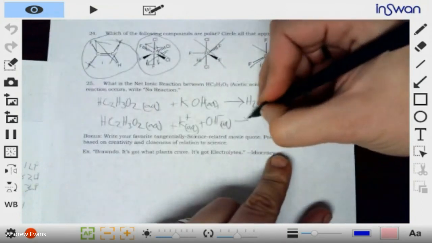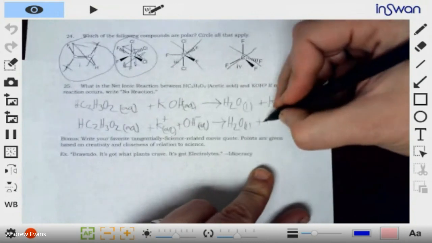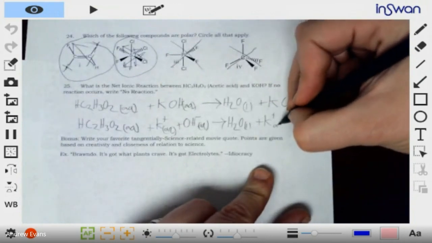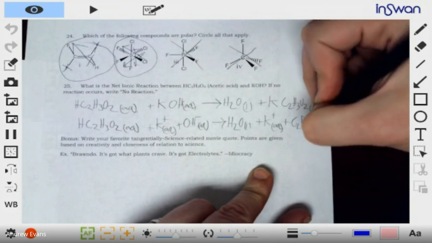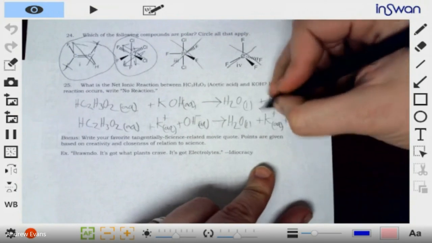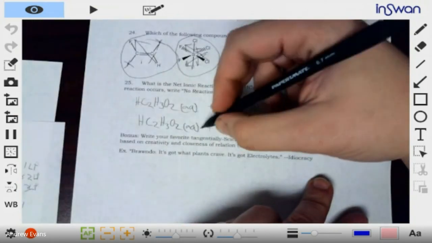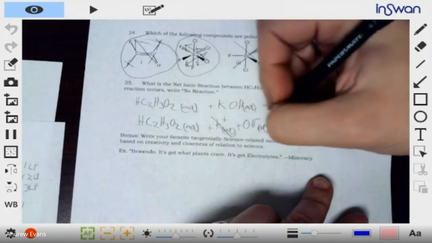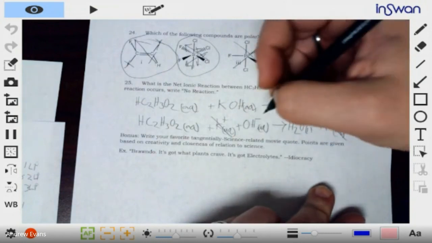So H2O, liquid, and K plus aqueous, acetate aqueous. So our net ionic equation, all said and done, K plus cancels K plus, and that's all. That stays together. So acetic acid plus OH minus forms water and acetate.